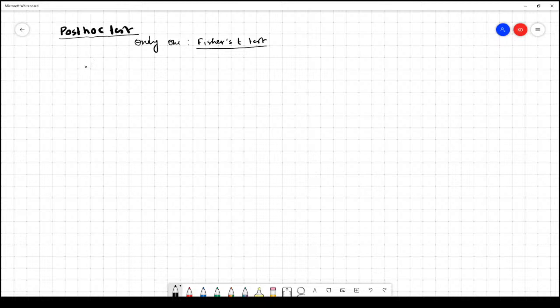Suppose we know this is the ith group mean, which we already defined in our previous class.